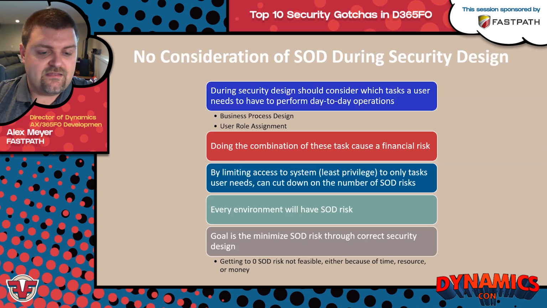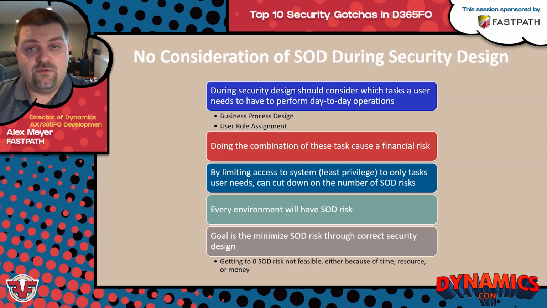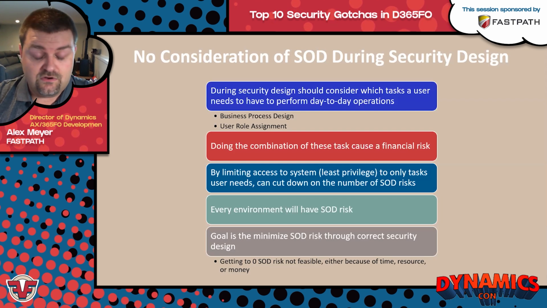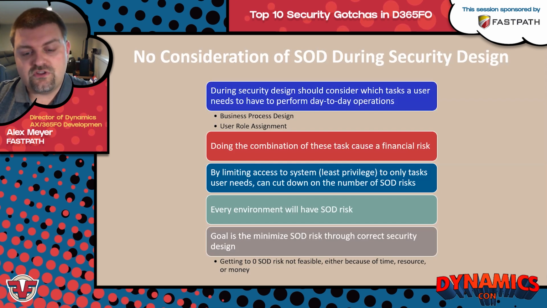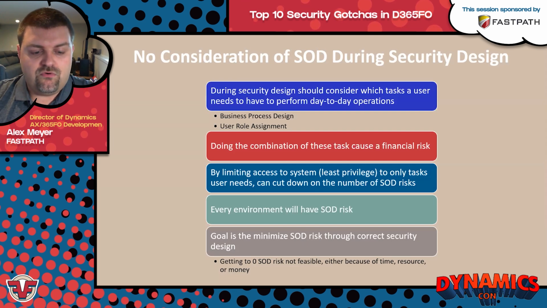One thing to keep in mind is that every environment is going to have SOD risks. It's not really feasible in really any organization, unless you're very, very large, to have true segregation of duties. The goal here is to minimize your SOD risks through security design, as well as process controls and mitigations. And so you're never going to get to zero segregation of duties conflicts.